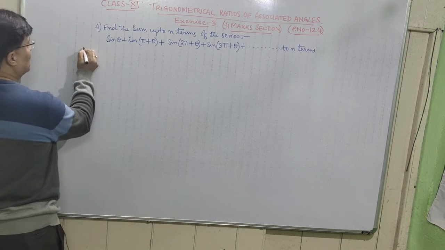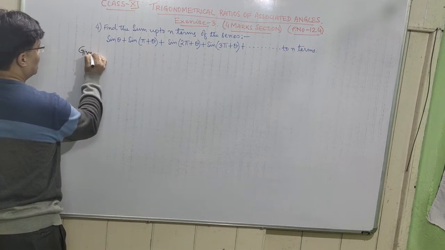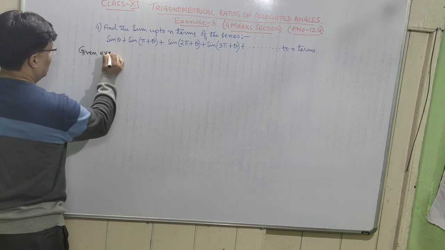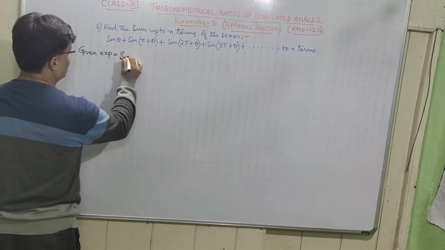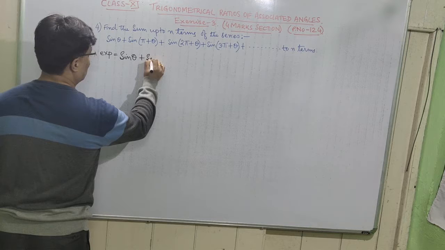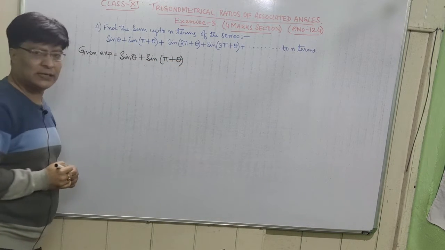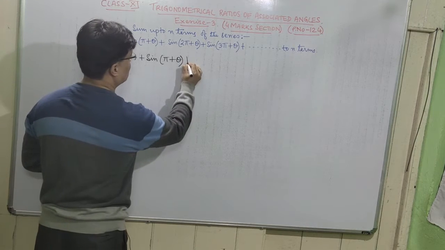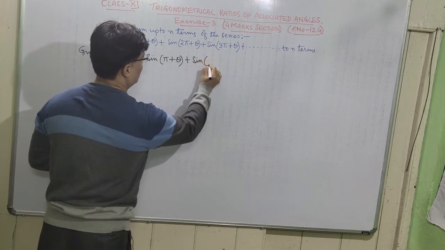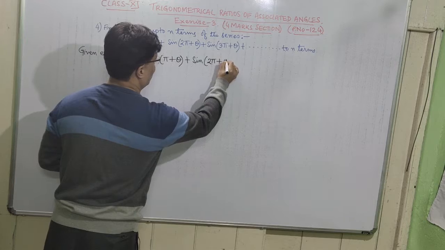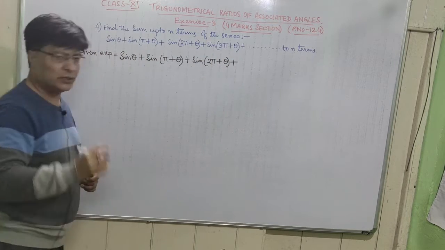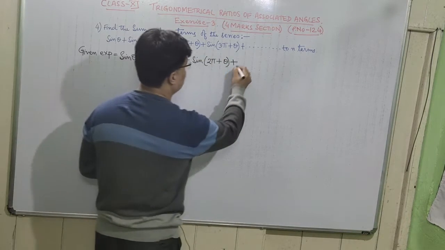Again, let us write down the given expression. The given expression is equal to sine theta plus sine of pi plus theta plus sine of 2 pi plus theta plus, next, what is the fourth term here?